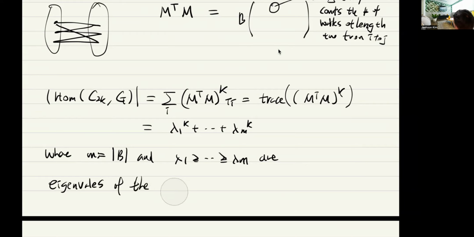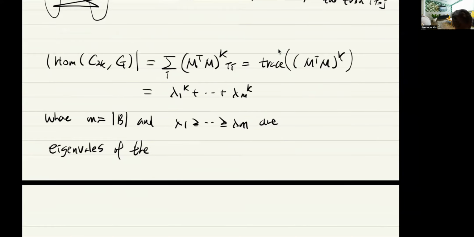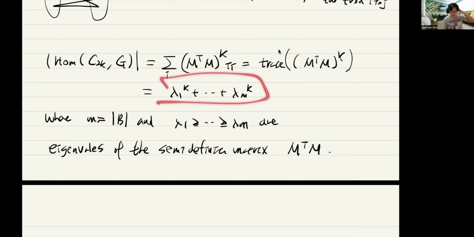Furthermore, we know that this is a positive semi-definite matrix, M transpose M. So these are all non-negative numbers.